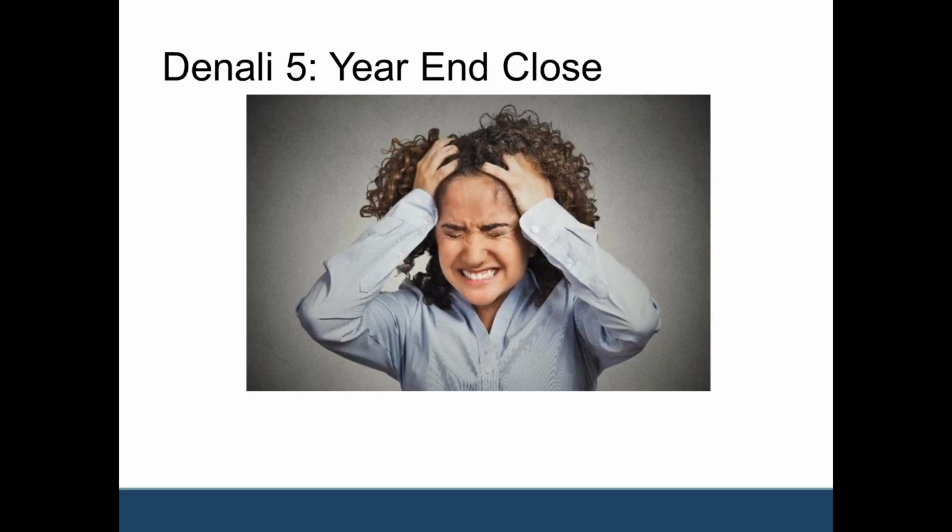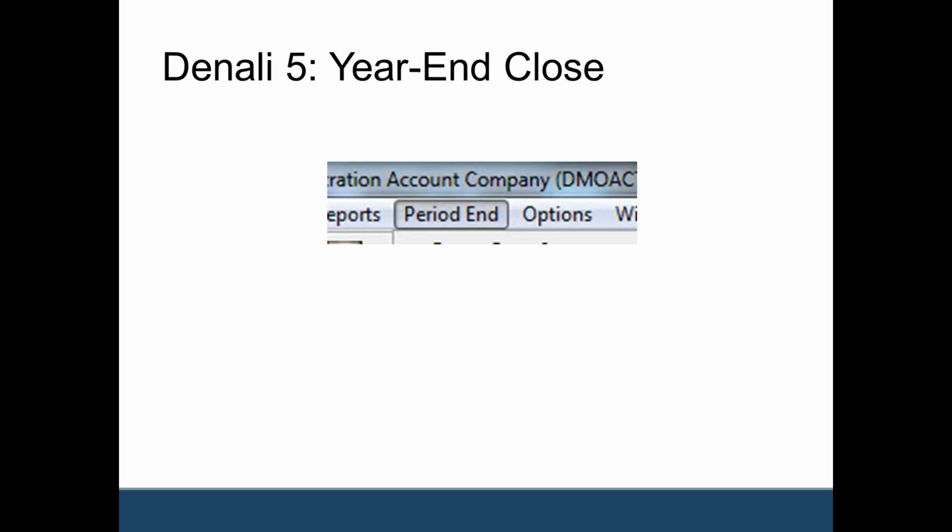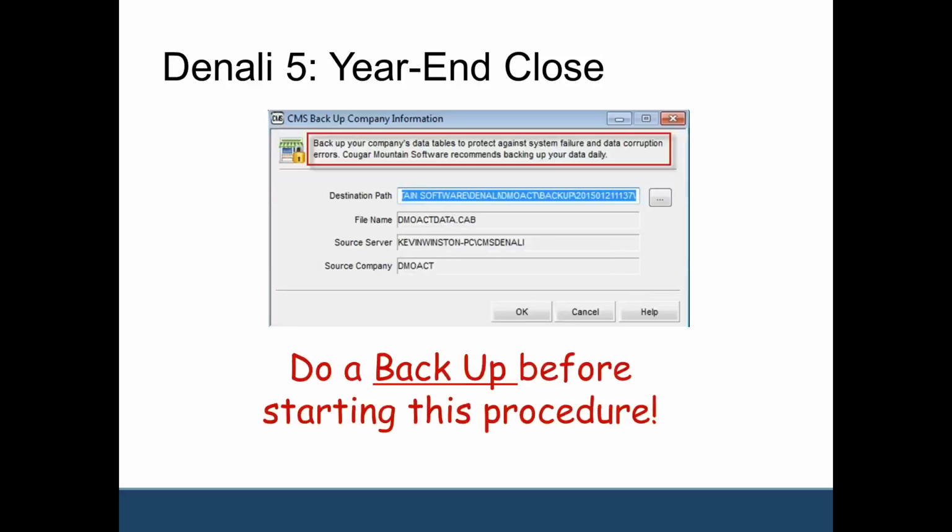We'll talk about that. Then we'll talk about the different maintenance tasks for each of the core accounting modules in Denali. Then at the end of the webinar, the final segment will be talking about general ledger maintenance and actually doing the year-end work for general ledger. There are one or two other year-end processes that you would run in the other modules, which we'll cover as well and show you how Denali will help you with that.